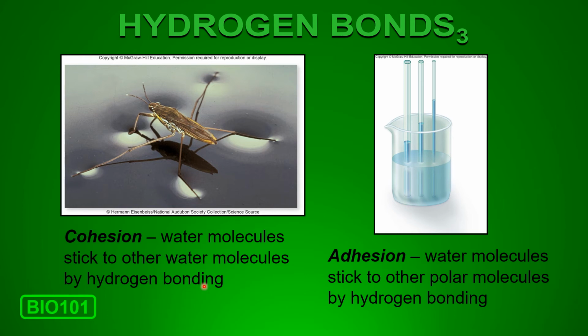Okay, that's cohesion. Now, on the other hand, you have adhesion, where water molecules stick to other polar molecules via hydrogen bonding. It's kind of hard to see, but here's a beaker of water, and these are little capillary tubes of different sizes.